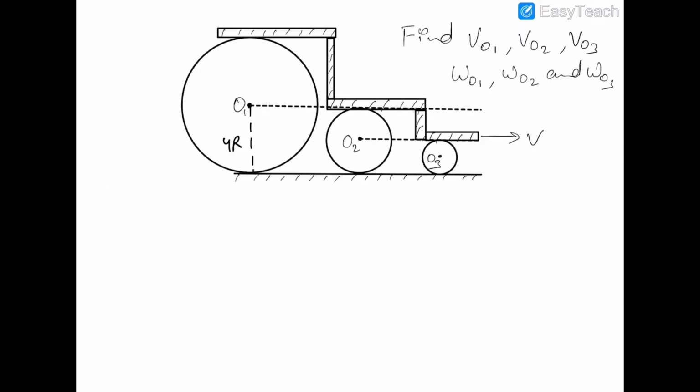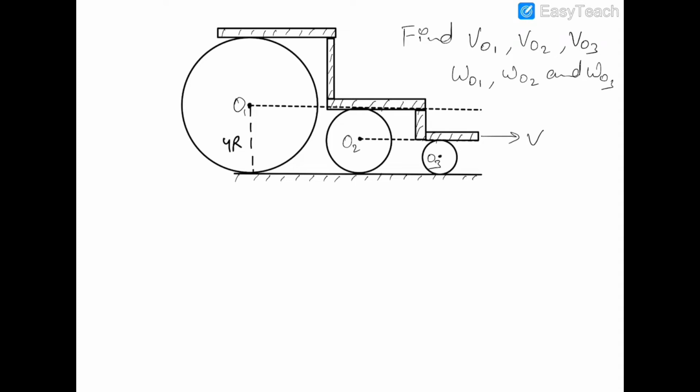Now in this question you can see that there are three objects. This is 1, this is 2, this is 3. Now there is a plank which is kept like that. This is a single plank and it is moving with velocity v in the forward direction. Now we have to find out the velocities of the center of these three rings as well as their angular velocities.